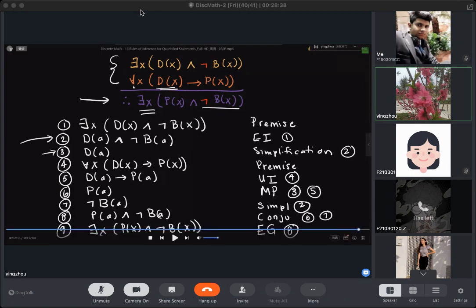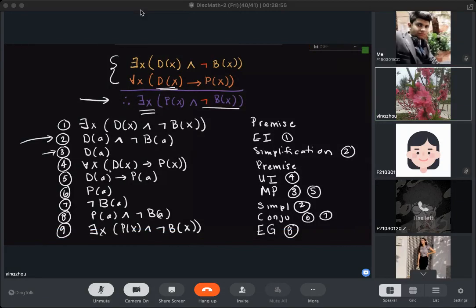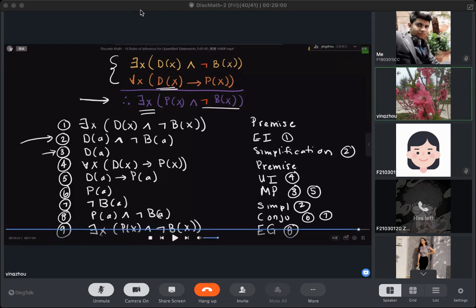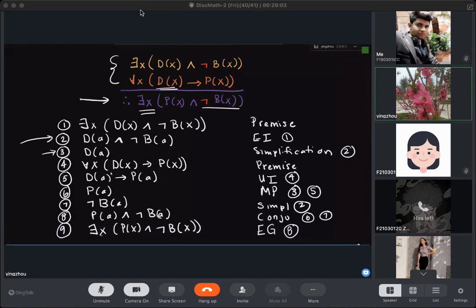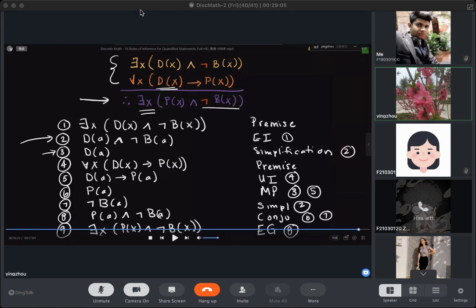If I change this order, that is, using A for the universal first and then the existential, it may not be right. Universal means every element satisfies this, but if you choose an arbitrary special A, that A may not satisfy the existential for some X. So we first choose for some X, and this X of course satisfies the universal.